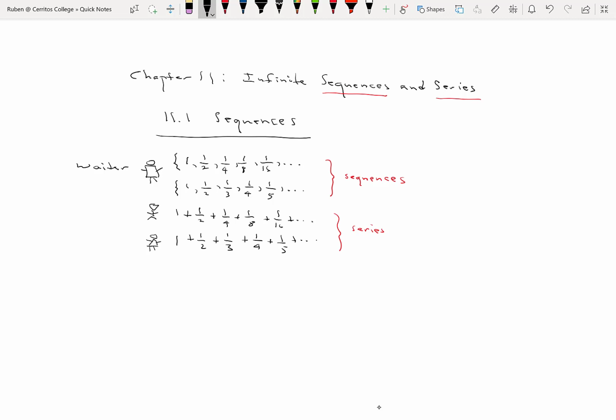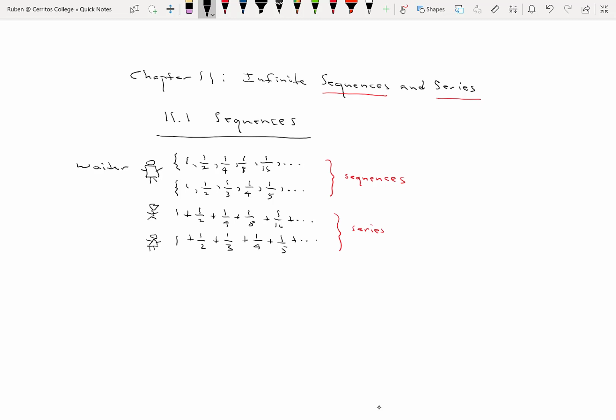So notice that from the waiter's point of view, when we look at his checks, the individual sequences, the slices of pizza that are being ordered are getting very small. In fact, the slices of pizza in both orders are approaching 0 in size. So both of those sequences are said to converge.